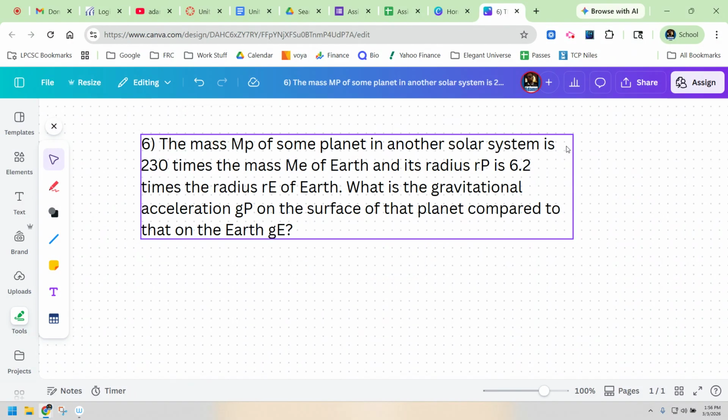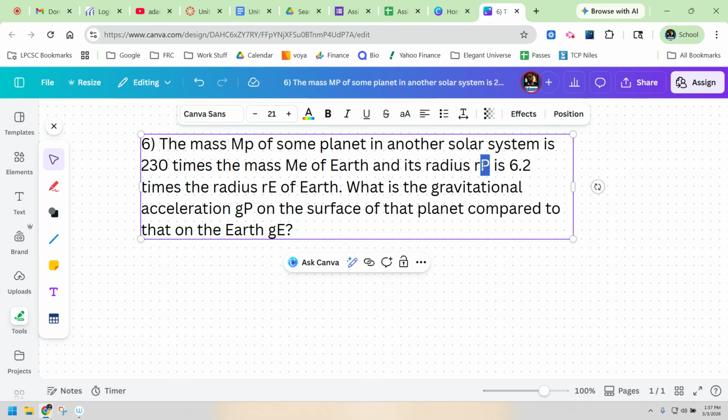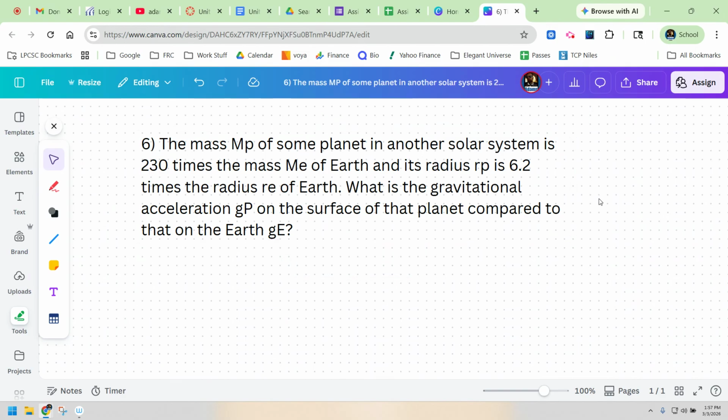All right, so we're talking about the mass of some other planet. It is 230 times the mass of Earth, and its radius, R_P, lowercase p, it should be a subscript, but I'll fix that when I do the math, is 6.2 times the radius of Earth.